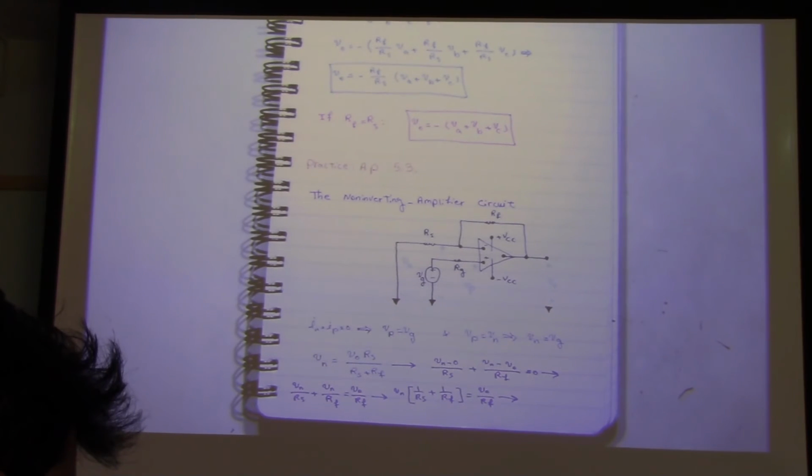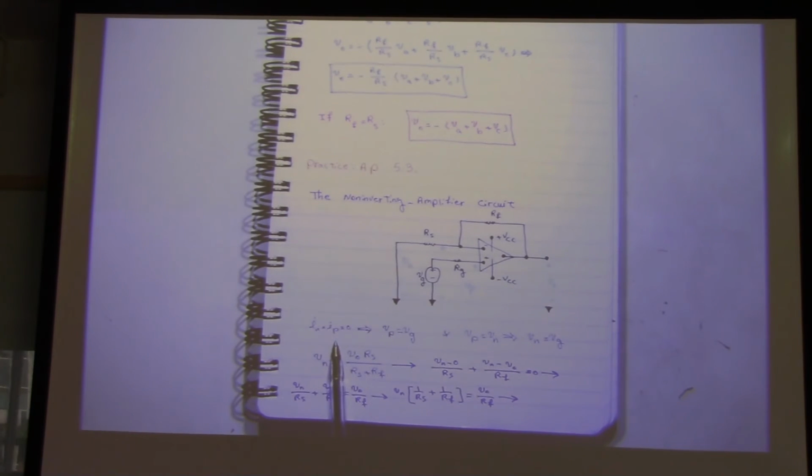If you convert 2 volts to millivolts, 2 volts is 2,000 millivolts. Clear? Okay.